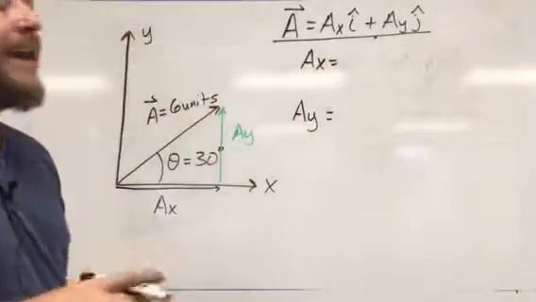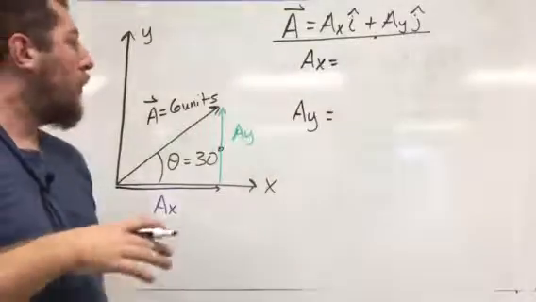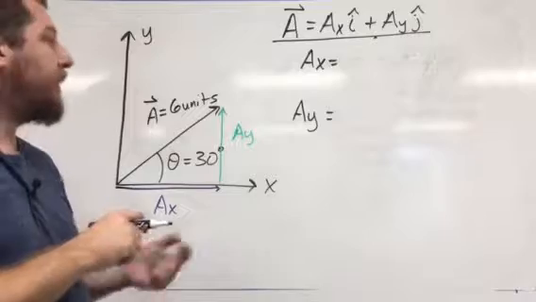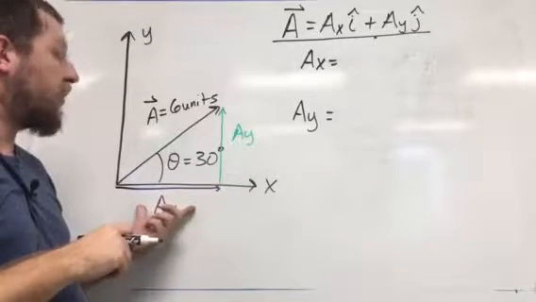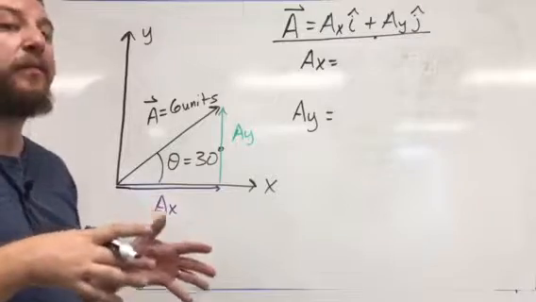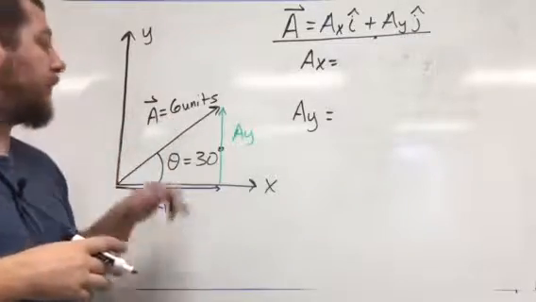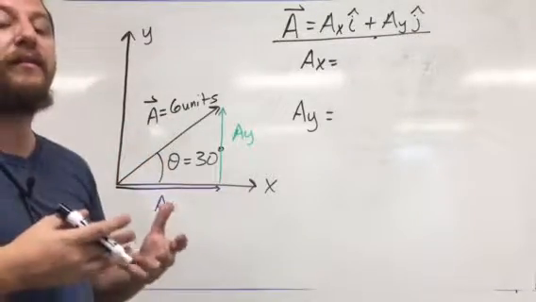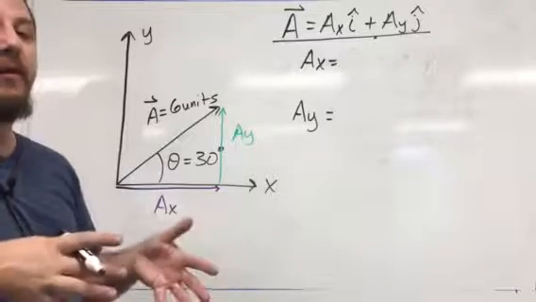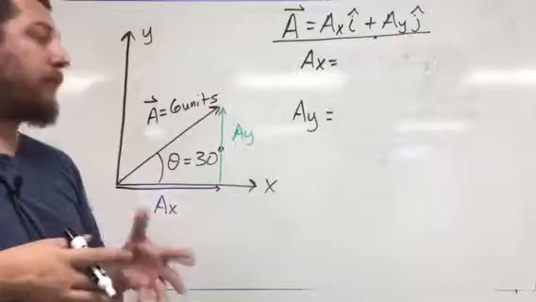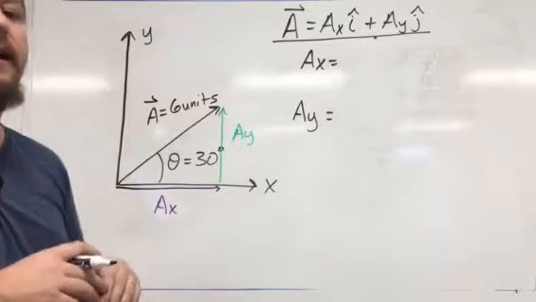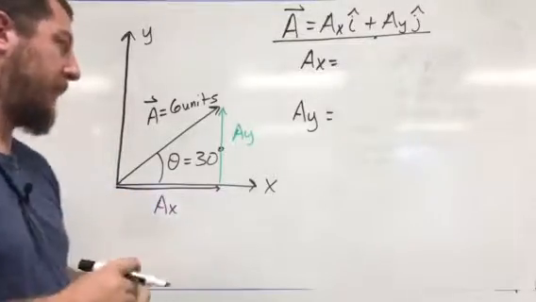Okay, so to get AX and AY, well, if all we're given is the hypotenuse, then as far as solving at least for one of these, I have to use either sine or cosine. Nothing else is open to me because I only know the hypotenuse and the angle. And the only trig functions that have the hypotenuse and an angle are sine and cosine. Tangent does not involve the hypotenuse. And I'm ignoring the secant, cosecant, and cotangent for now.